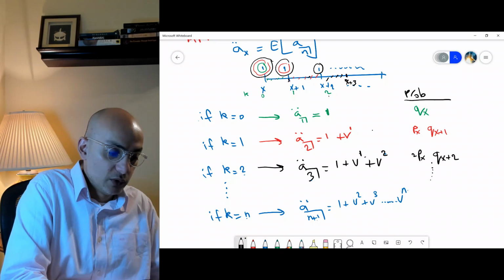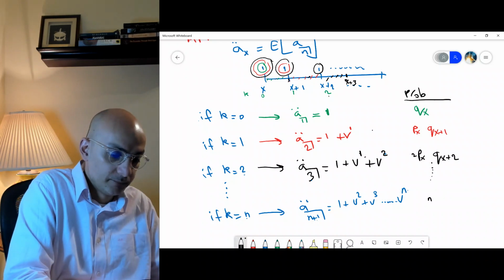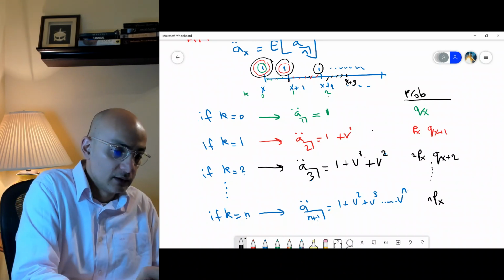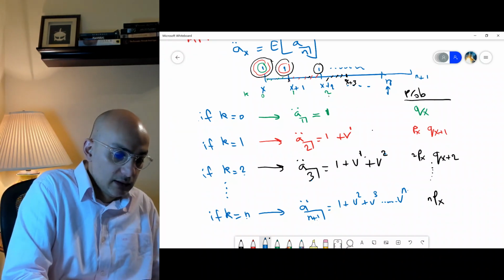For this last one, similar to here, you need to survive to n, npx, and then death happens on x plus n.